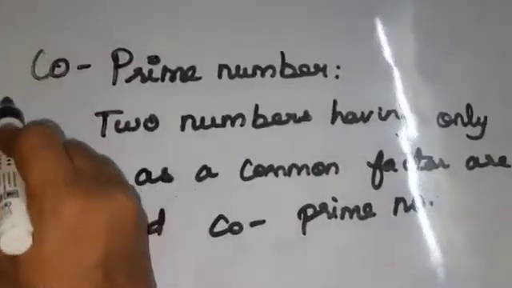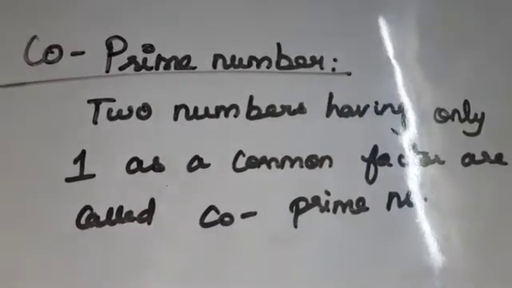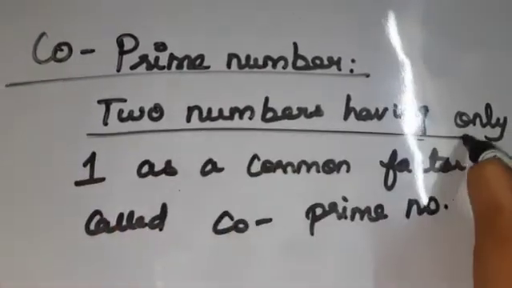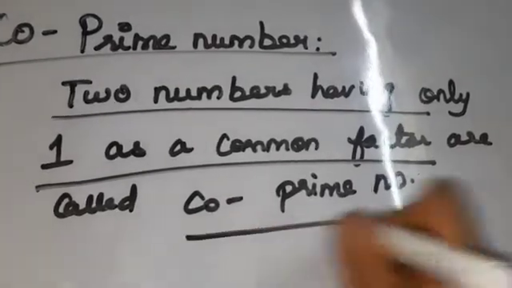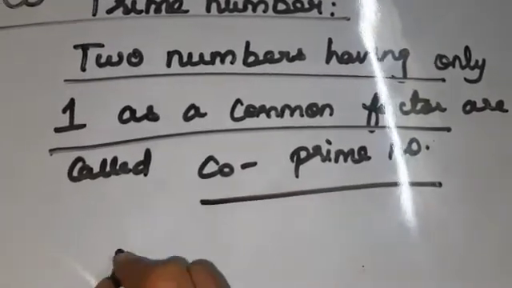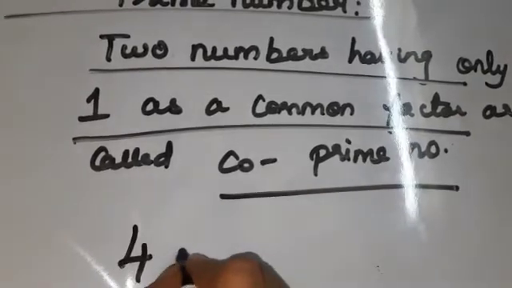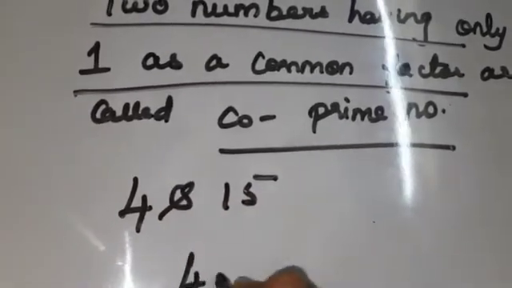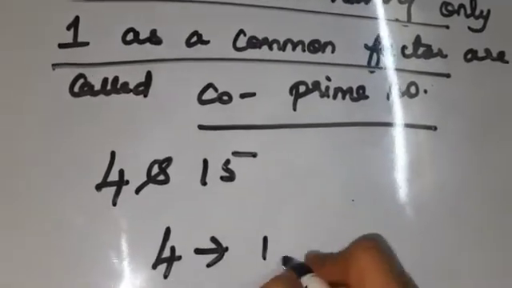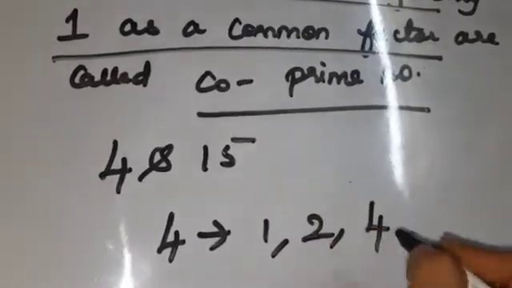Get to know what is meant by co-prime numbers. Two numbers having only one as the common factor are called co-prime numbers. For example, write the common factors of 4 and 15. For 4, what are the factors? 1, 2 and 4.